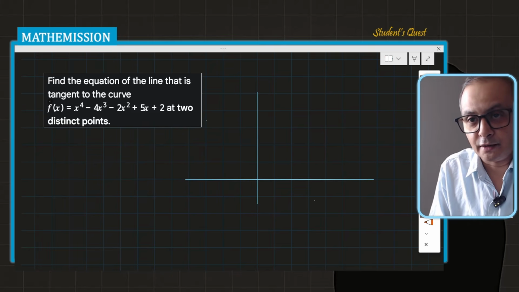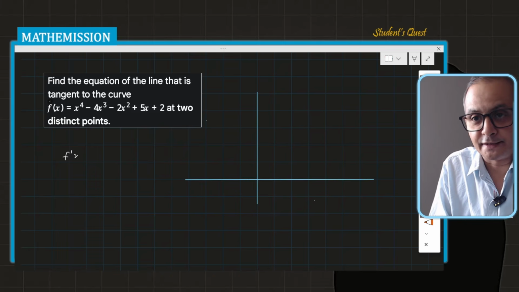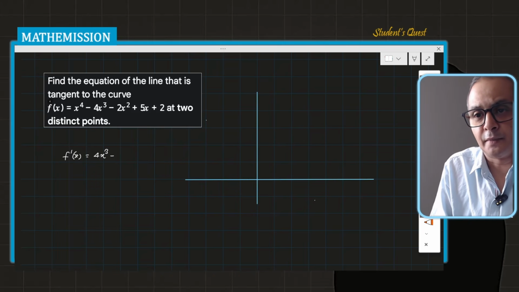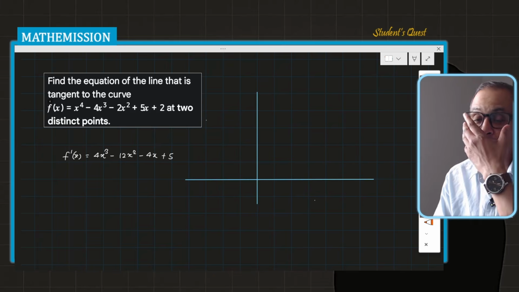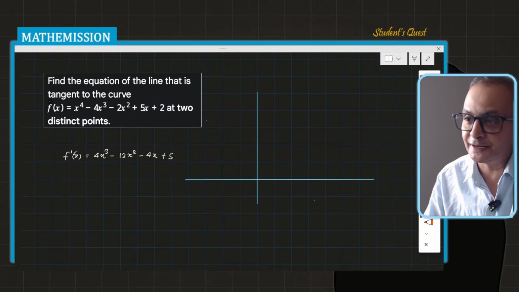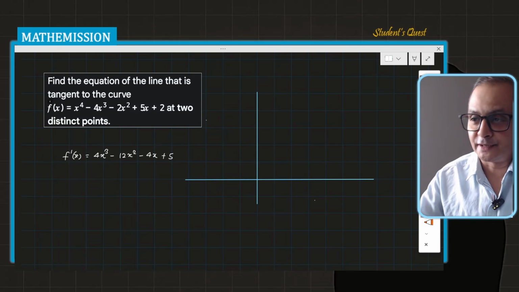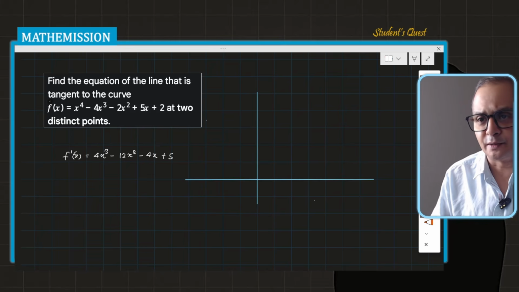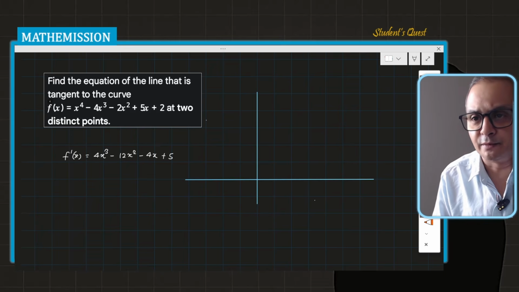So what we get is the derivative here, f dash x, that is 4x cubed minus 12x squared minus 4x plus 5. Now what the students suggested is very interesting. In fact, 2 students worked on it separately and then they got the same idea.